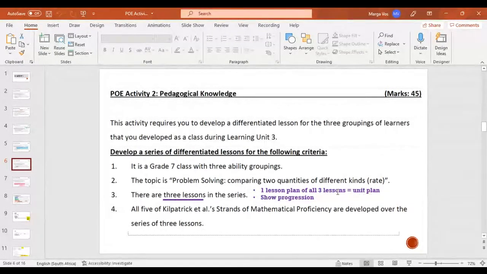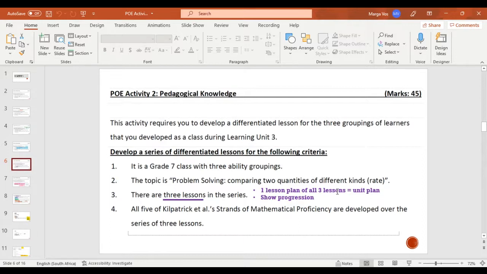In the lesson plan itself, I will show you where you have to do which lesson. The first lesson will be the intro lesson, the second lesson will be the body or the teaching and learning phase lesson, and the third lesson will be your closure lesson.